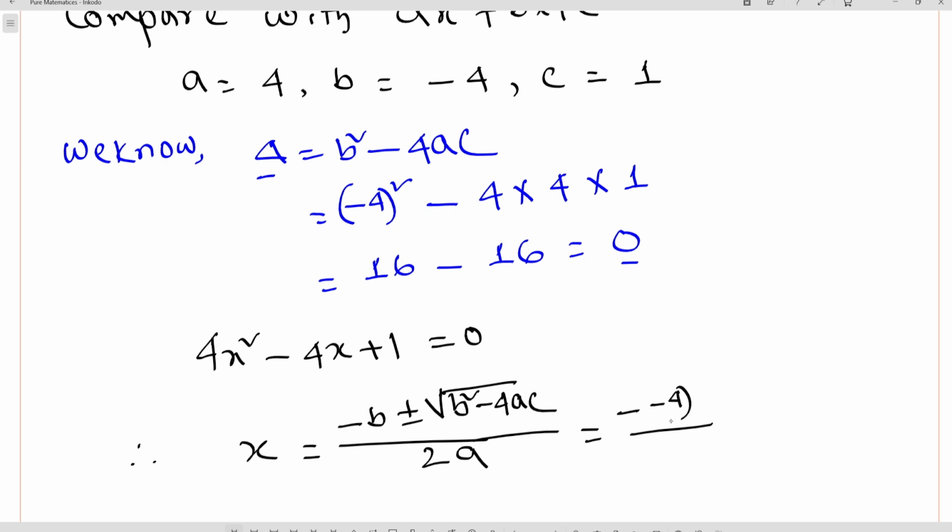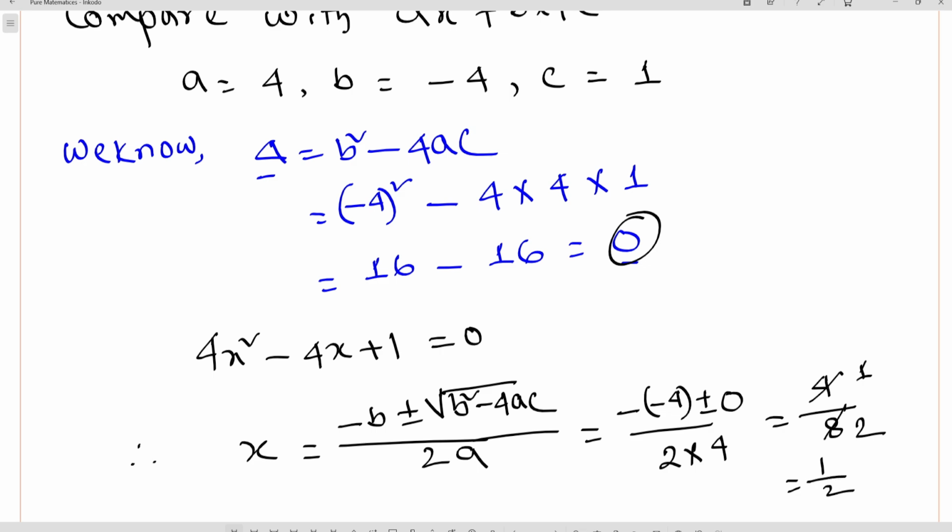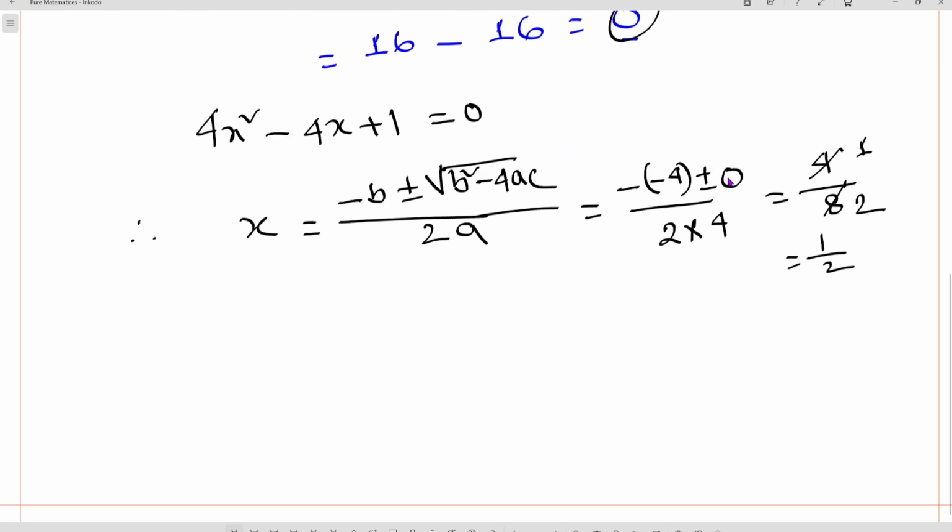So -(-4) ± root of b² - 4ac, we already got 0. So here is 0. 2 times a, and a is 4, right? So minus and minus will be plus. So here is 4, and 2 times 4 is 8, right? So 4 divided by 8, here is 1 by 2. Our answer is 1 by 2, right?